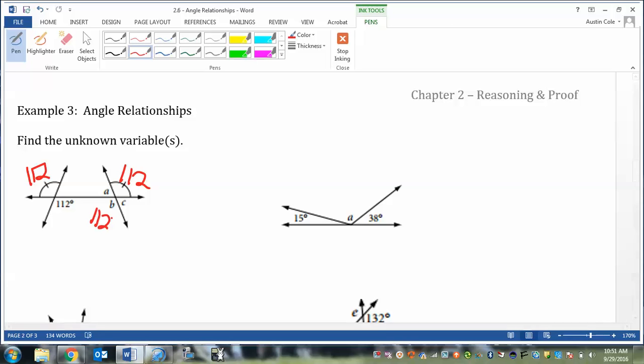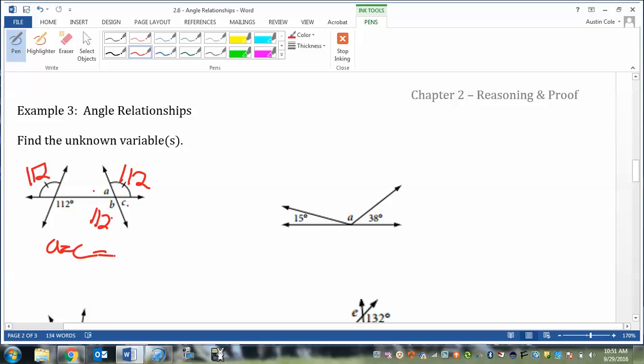Okay. How about A and C? What's special about them? They're both vertical angles, so A and C will be equal to each other. And what are they equal? Give me the equation.